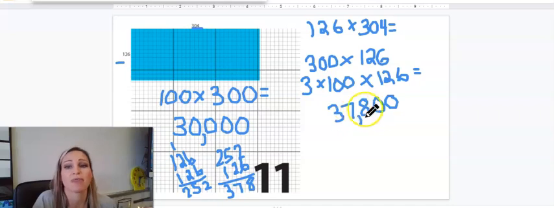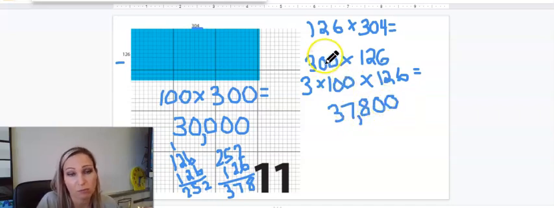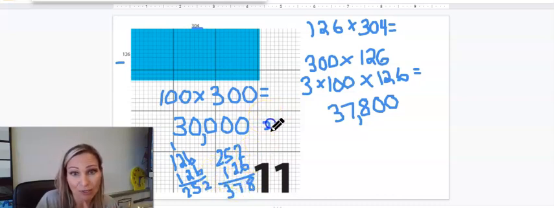So that's 37,800, but I'm not done because remember, I just multiplied it by 300. I need 4 more groups of 126, but luckily I've already done 3 groups of 126, remember? That was 378. So I'm going to do 378 plus another group of 126, and I get, this would be 8, 9, 10, and this would be 5, so this would be 504.